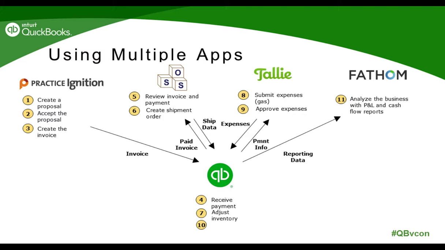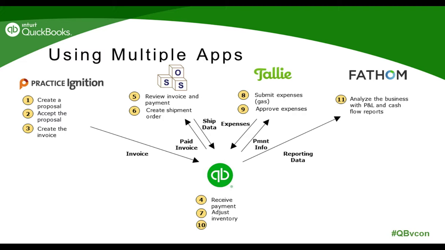So maybe I need to run an inventory on there. So SOS inventory does a push and a pull. So that's one of the things you need to look at: what do the apps do? Do they pull information from QuickBooks, or do they push information into QuickBooks, or do they do both?